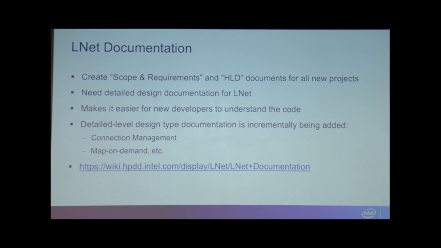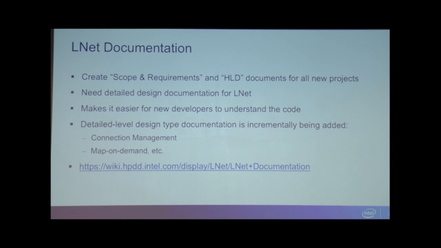Other things we've been doing is some documentation. Like you saw, we're trying to have a scope and requirements and HLD document for all the projects we're doing. But also more than that, some of the code that's in LNet has no detailed design, and sometimes it's hard for new developers to go and take a look and understand this stuff quickly.